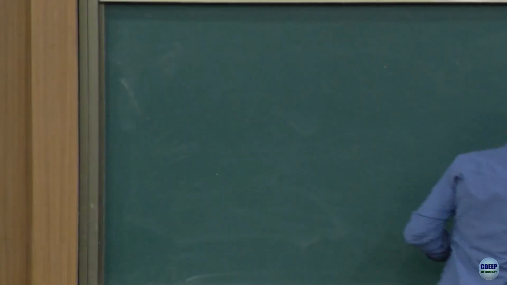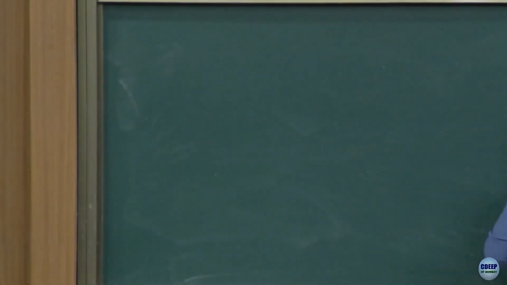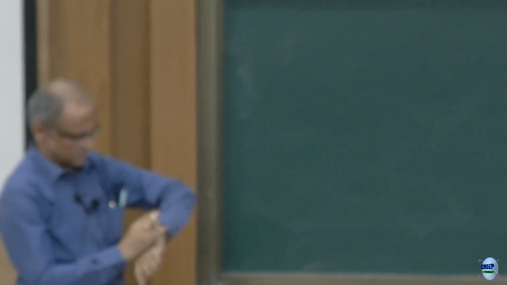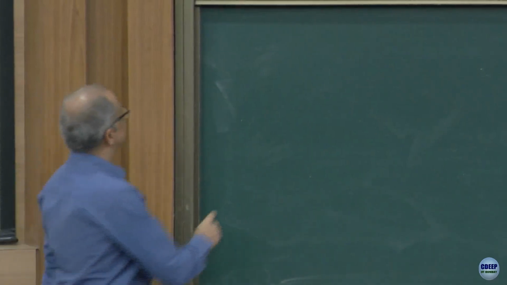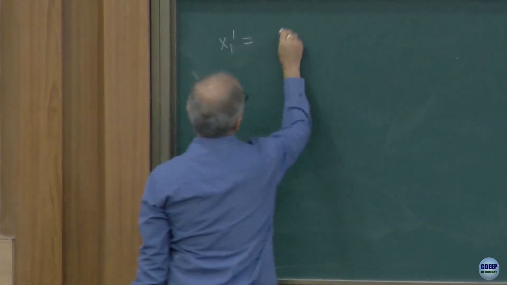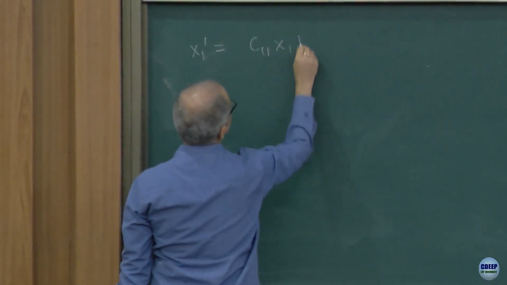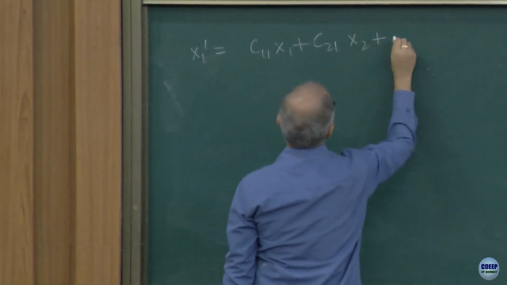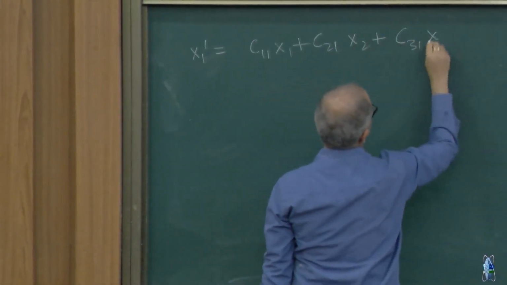Any questions here? So to introduce the idea of a tensor notation, maybe first we will start off with this equation itself. So what is this equation? If I have to write out x1 prime, it is simply c11 x1 plus c21 x2 plus c31 x3.